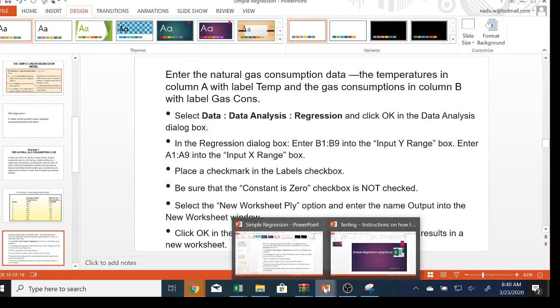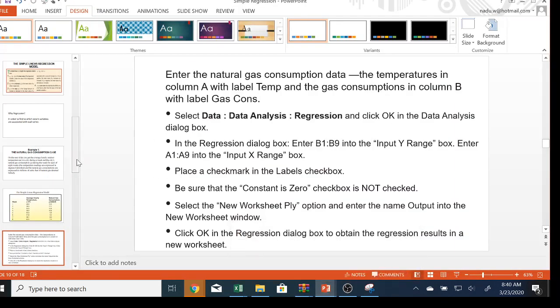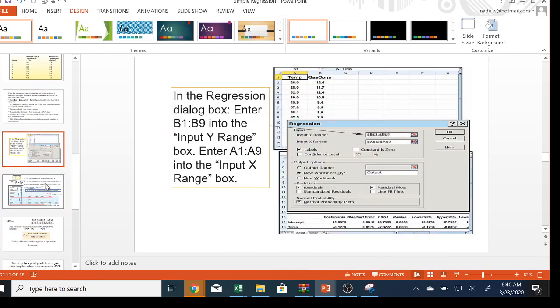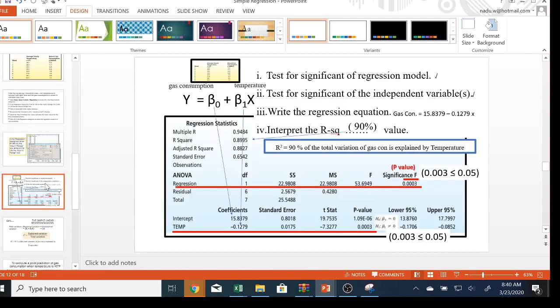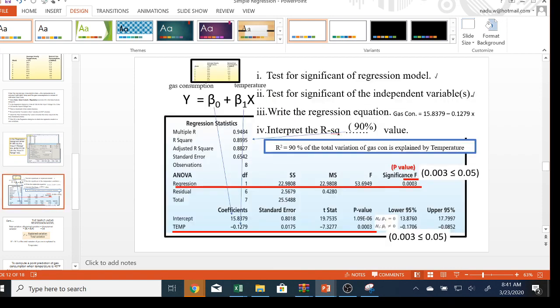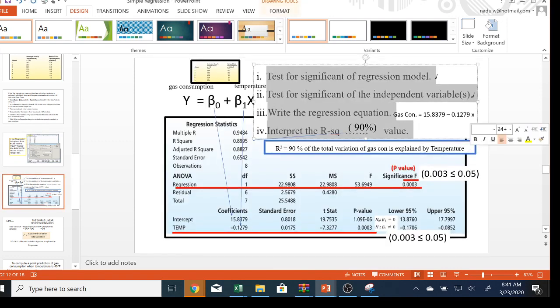Alright, I'll show you the steps. In the slides also I have mentioned how you can come up with the output. Once you have come up with the output, these are the steps. What is the first step?